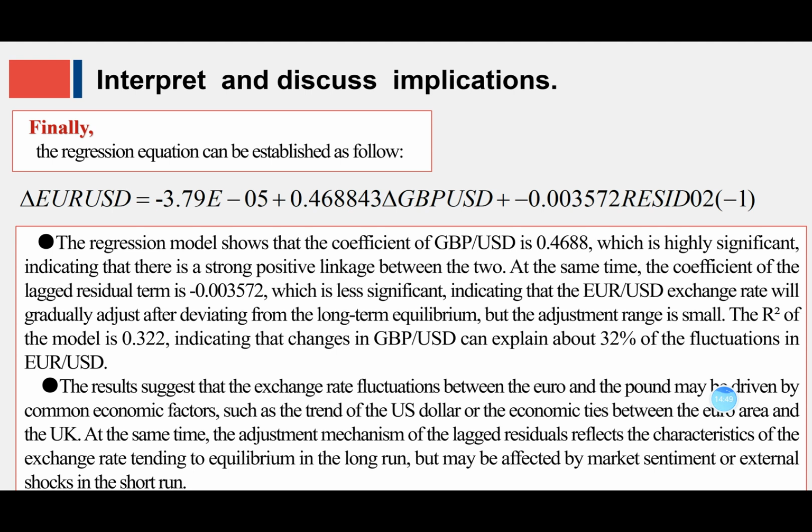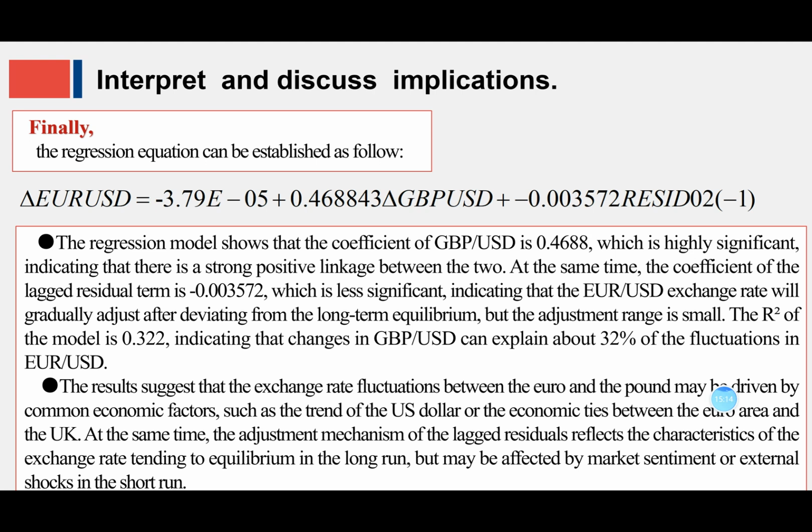Finally, the regression equation can be established as follows. The regression model shows that the coefficient of the GBP/USD is 0.4688, which is highly significant, indicating that there is a strong positive linkage between the two.